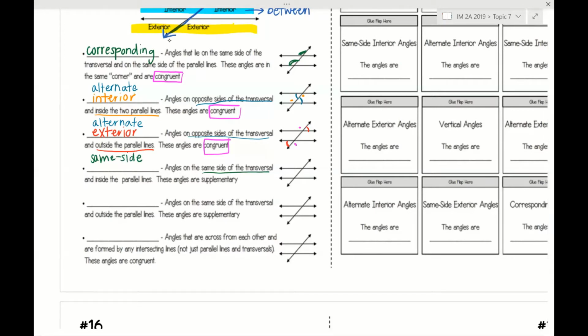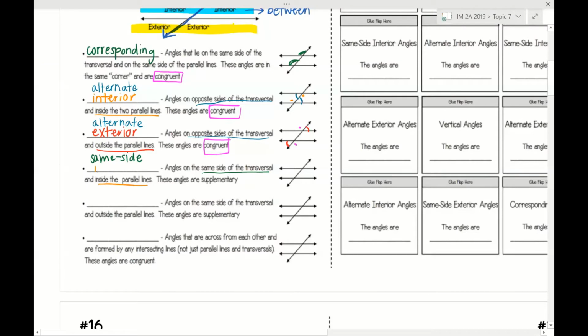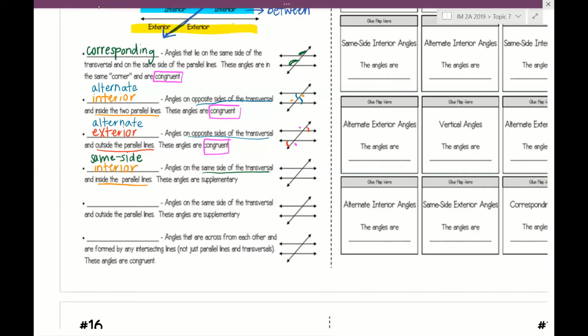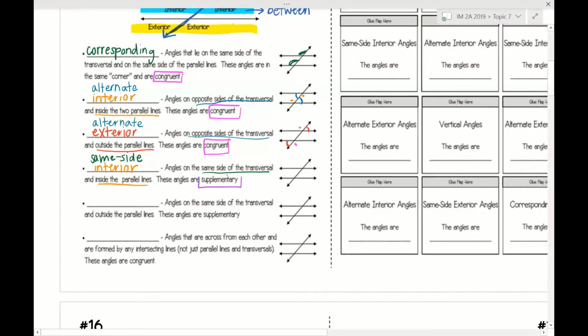And then inside the parallel lines, we remember we said is interior. So same side interior angles are supplementary. So what that means is that they are not marked the same. They are two different angles that add together.